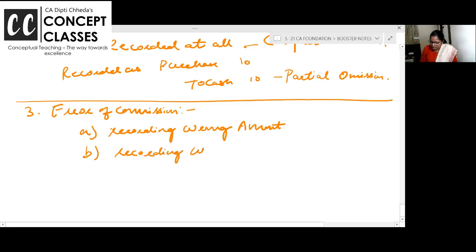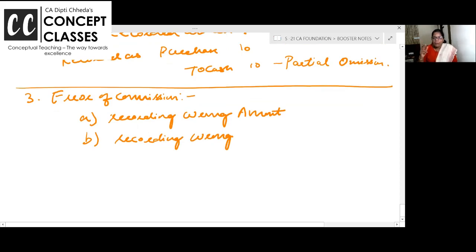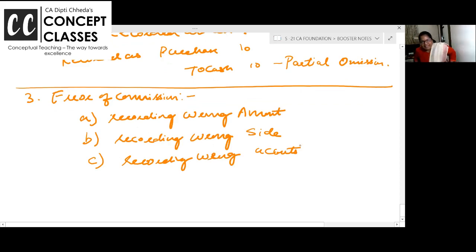Recording wrong side, instead of crediting, debit and so on. And third one is recording wrong account. Yes, account गलत है, amount गलत है, side गलत है.